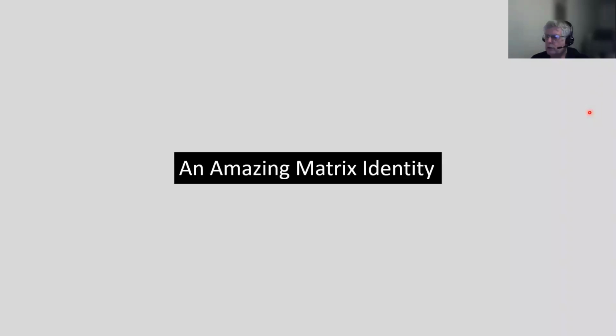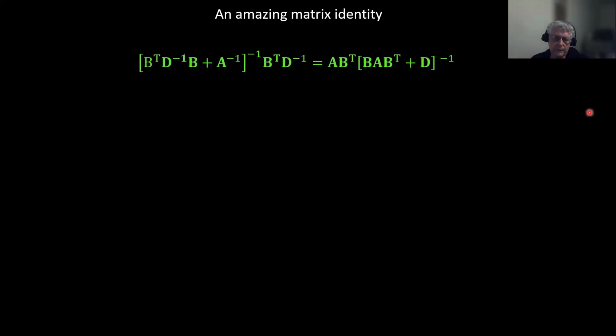Before we finish talking about matrices, I'm going to show you an amazing matrix identity. Now, this may not look too amazing to you, but this is actually huge. That this manipulation of matrices on the left gives us the same answer as what's on the right.